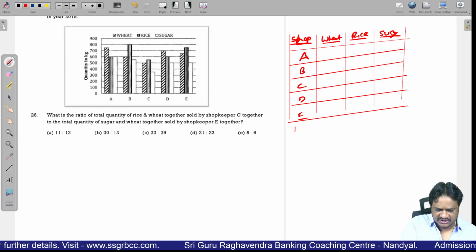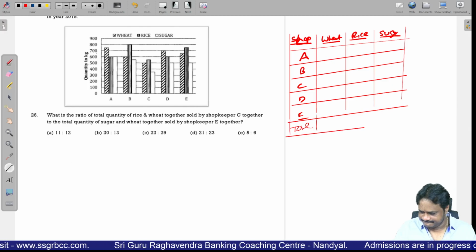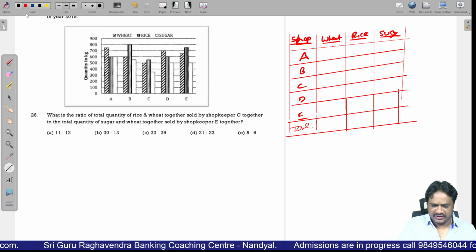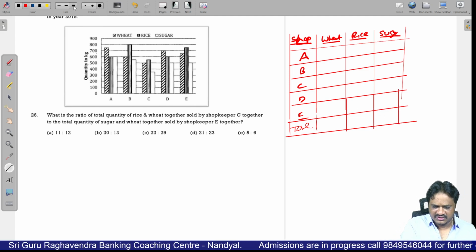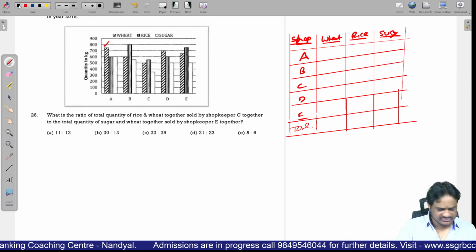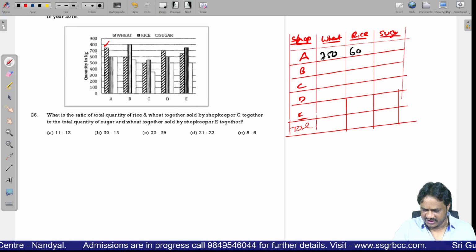Let us take the total also. First of all, A: this value is 750. What about the next value? Rice 600.